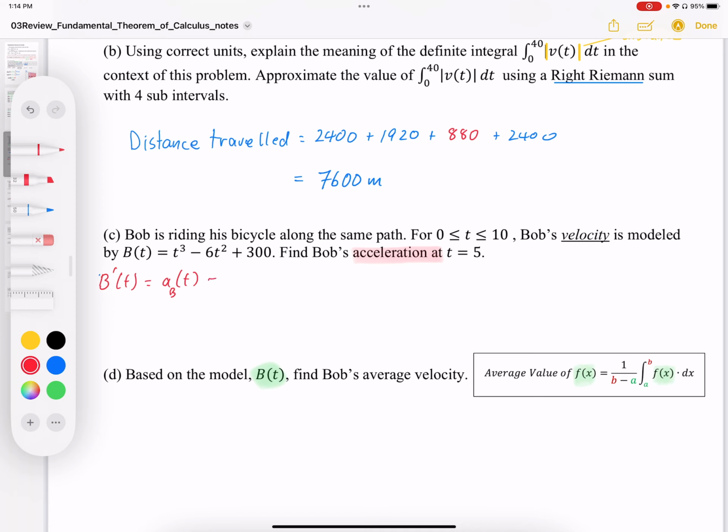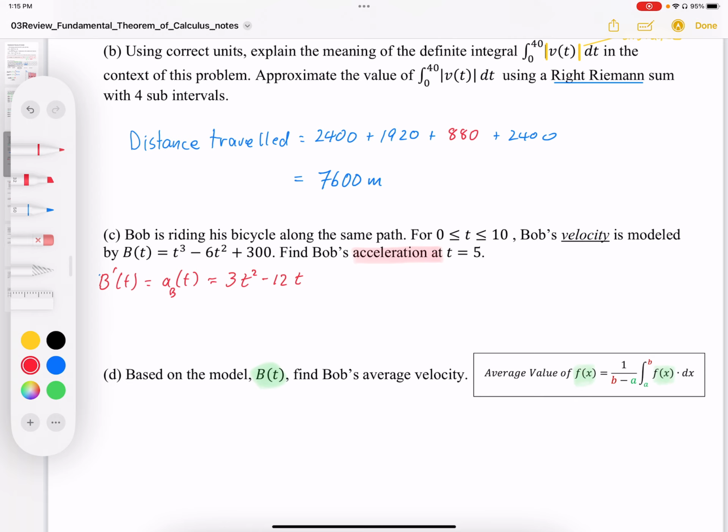We're looking for the acceleration, and then we can plug in the time equals 5. So differentiating this expression, we get 3t squared minus 12t. Okay, so there's our acceleration function.